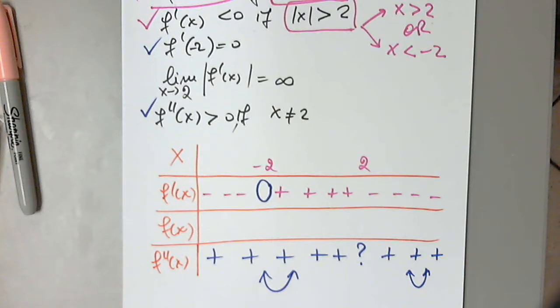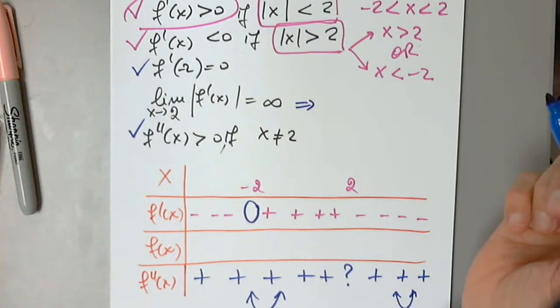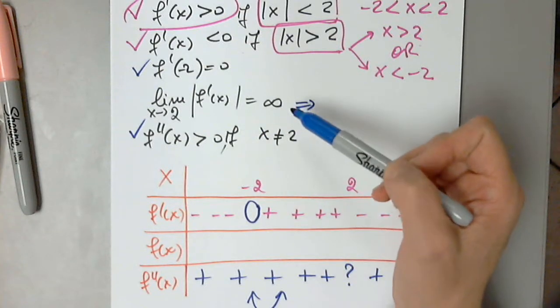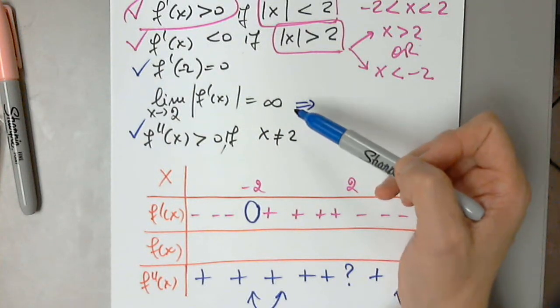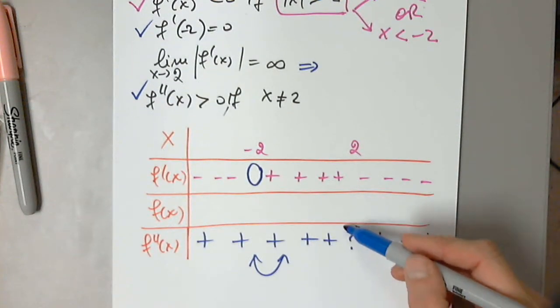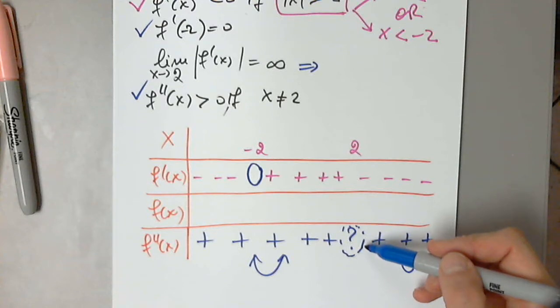If the limit of the derivative from left and right is infinity, what does that mean? Left or right of 2. What happens at 2? No, vertical asymptote. Vertical asymptote. So this is what it means, right? So if the limit of the derivative is infinity at x equals 2, this is where something happens.